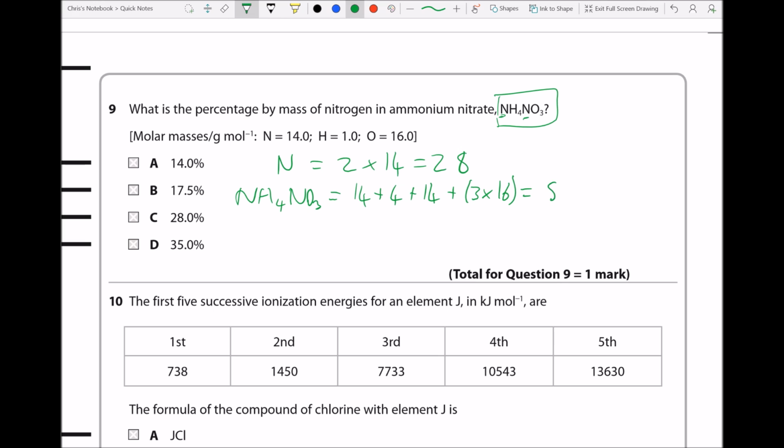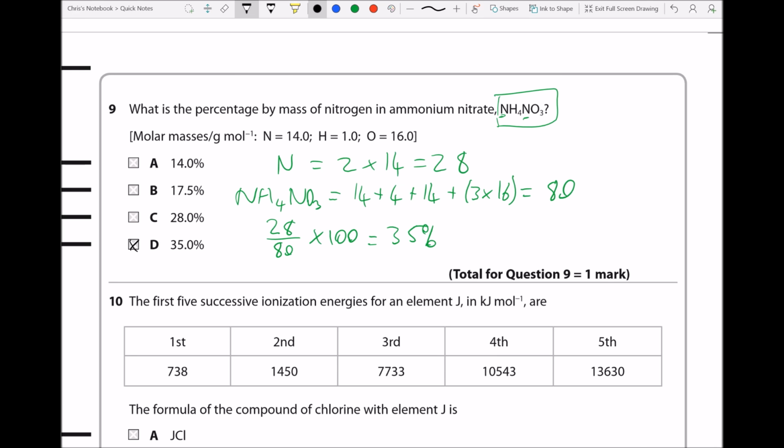And if we add all that up, we should get 80. Then to work out the percentage by mass, we do 28 divided by 80, because 28 is the nitrogen, 80 is the total mass. Obviously times that by 100, and we should get 35%. Okay, so the answer should be D. It's D again. Okay, I've had a lot of D's.